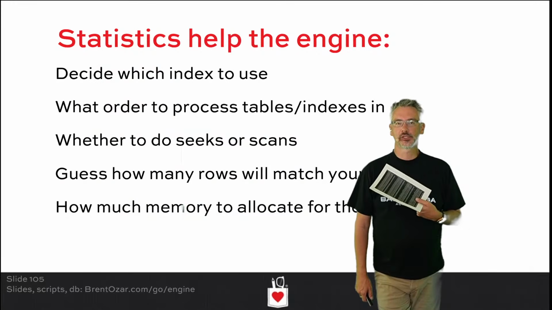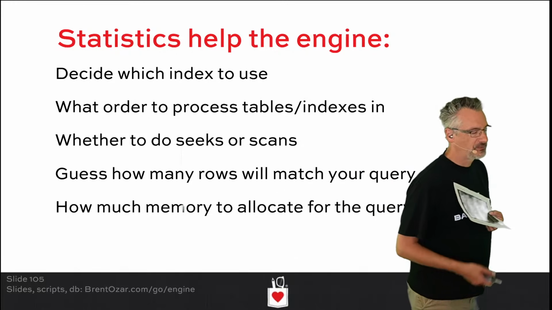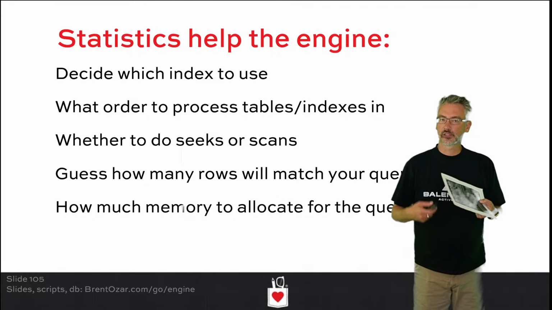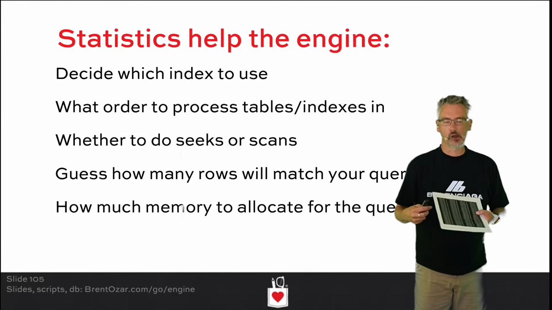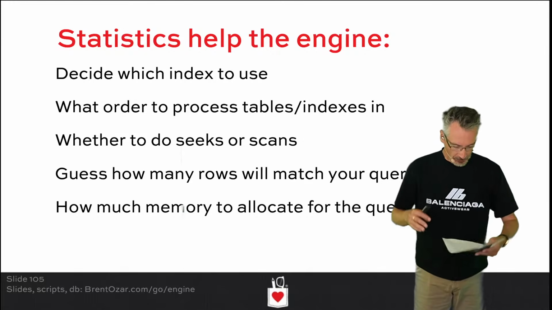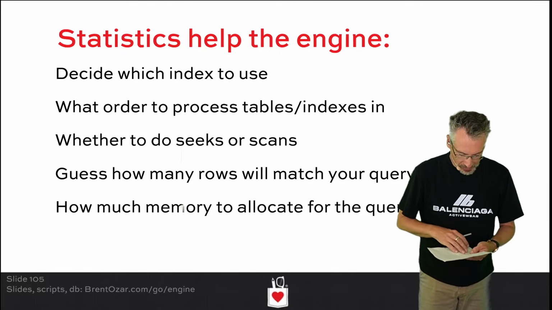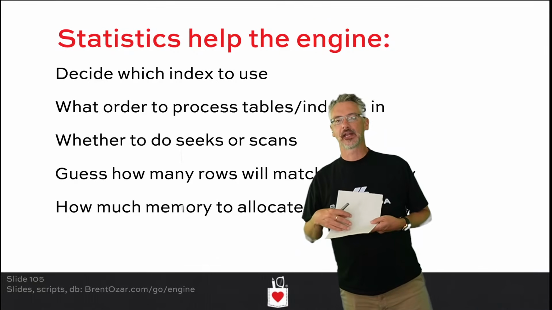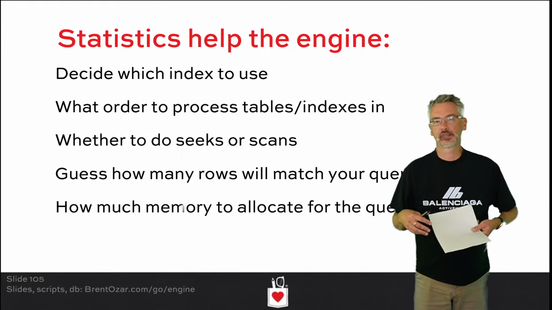And then SQL Server uses those 8K statistics pages to guess how many rows are going to come back from your query. So when you say things like where last access date is greater than 7/1 of 2014, SQL Server is able to pop open the page of that statistic and say, okay, here's what I know about that index. Here's how many rows I think are going to come back.